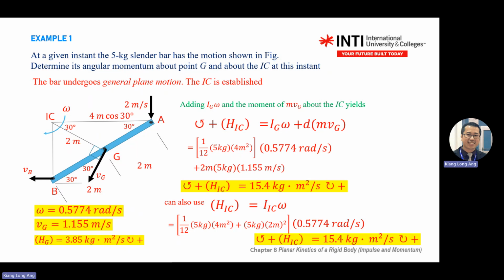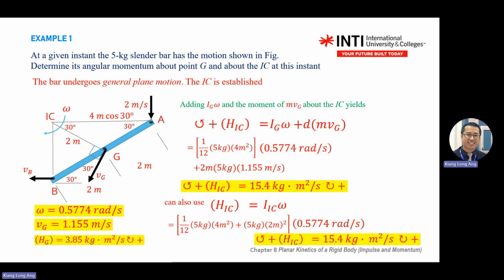So this I_O equal to I_G plus M d squared. So if the focus is on the center of mass or center of the object, then this one becomes G, right? Md will become 0. And where to find the I_G will refer to table.